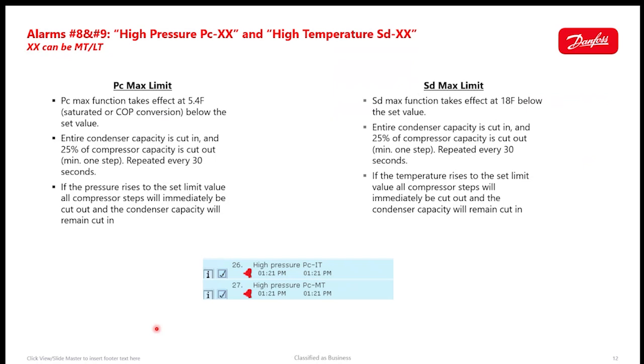We'll give the system 30 seconds to see if removing part of that load, or what that compressor was discharging, helps bring the discharge pressure back down. If we're still within that range of 1407 up to 1500 in our example, then we'll continue to do that every 30 seconds. If we drop back down below 1407, we'll say, okay, that's great. We can now return to normal control.